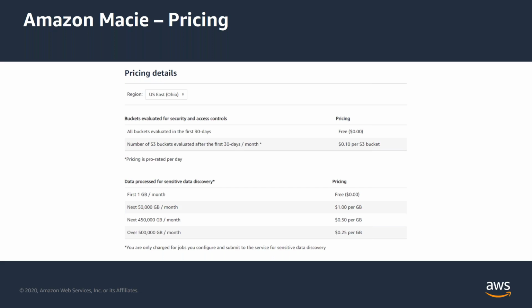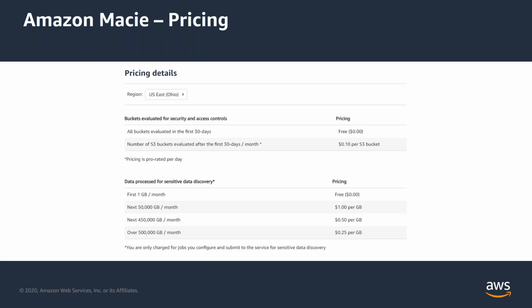On the sensitive data discovery, we've actually reduced that pricing from Macie Classic by approximately 80 to 90%, depending upon the volume of the data. So we've now made that pricing $1 per GB per month, up to 50 terabytes of data each month.